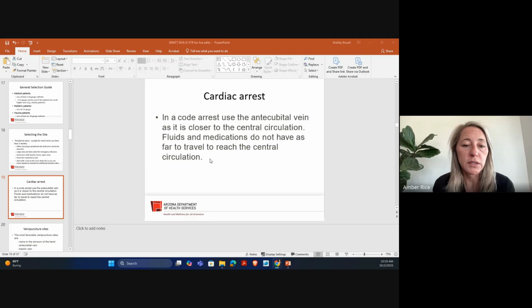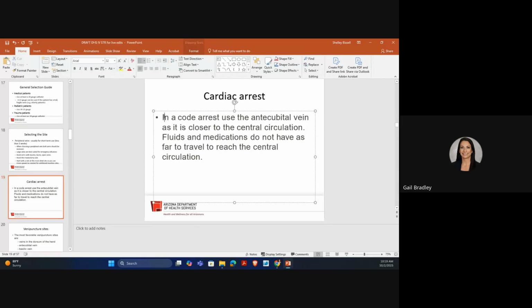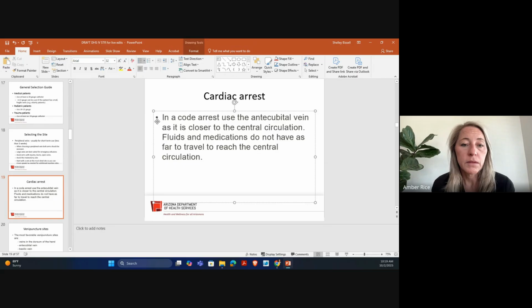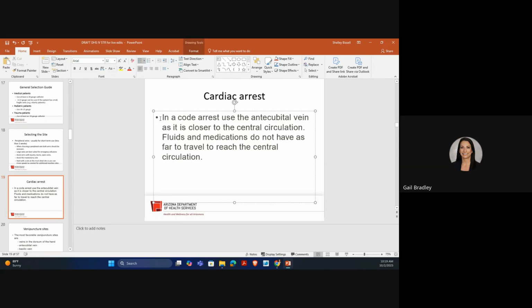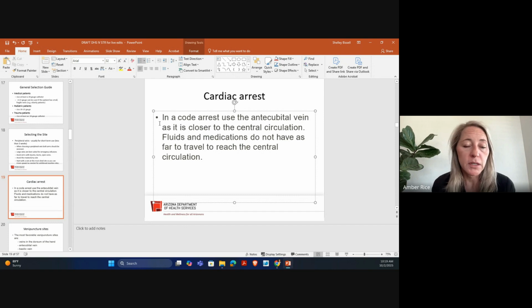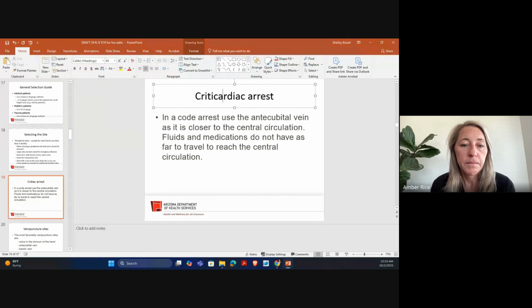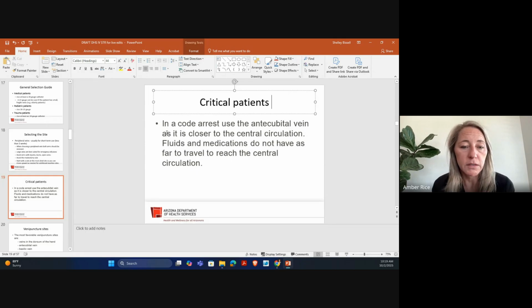Yeah, so maybe the goal change is to use a larger vein, such as antecubital, something along that. So not just cardiac arrest. Maybe change the title, Shelley, to critical patients. And then maybe say in the text, for critical patients, including cardiac arrest.